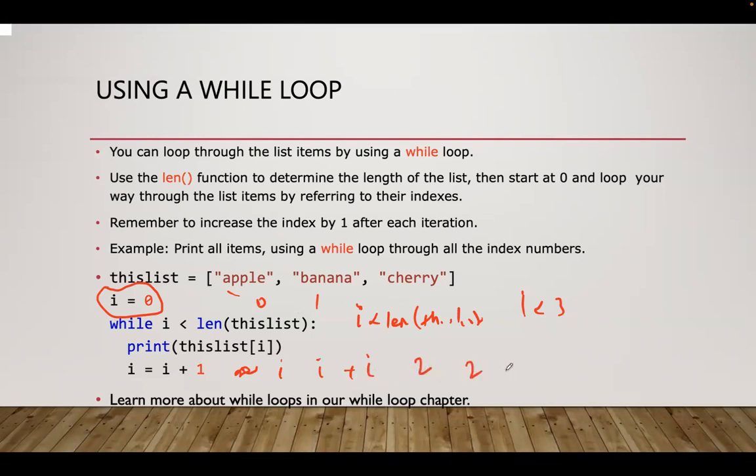Then i plus another 1 is going to give you 3. Until you meet the condition, it's going to continue to print. So this is what the while loop is.